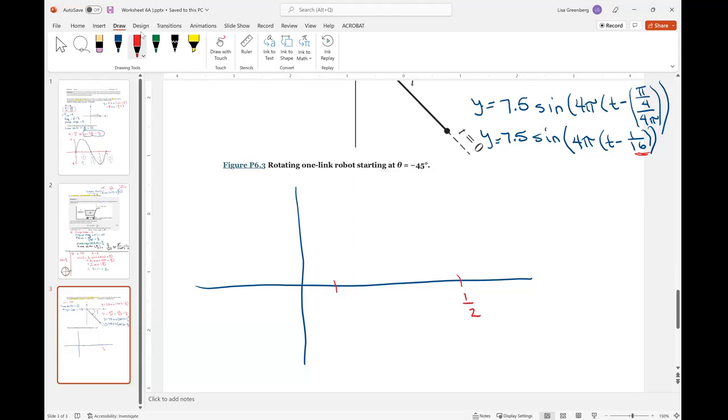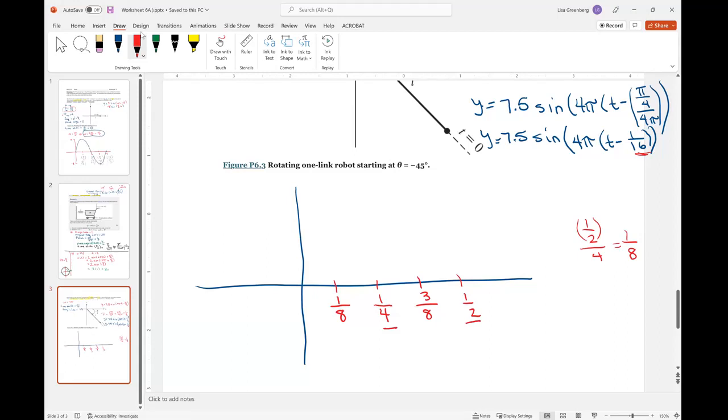Basically what I'm doing is I'm dividing this 1/2 into 4 pieces, right? Because I have 4 tick marks, which is equal to 1/8. So this is 1/8, this is 2/8, this is 3/8, and this is 4/8, which is the same as 1/2.